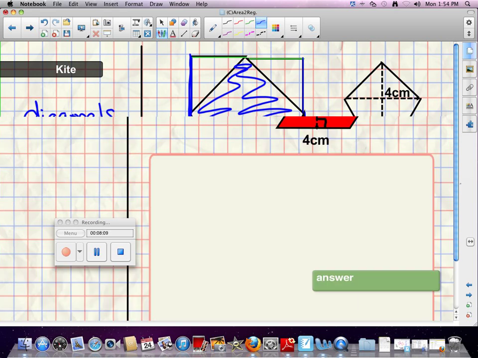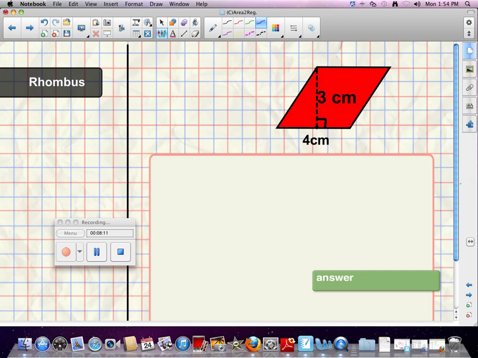Last shape is the rhombus. Rhombuses are unique because if they give the base and the height, it's just area equals base times height, because it looks just like a parallelogram. And that's the way we are going to look at them.